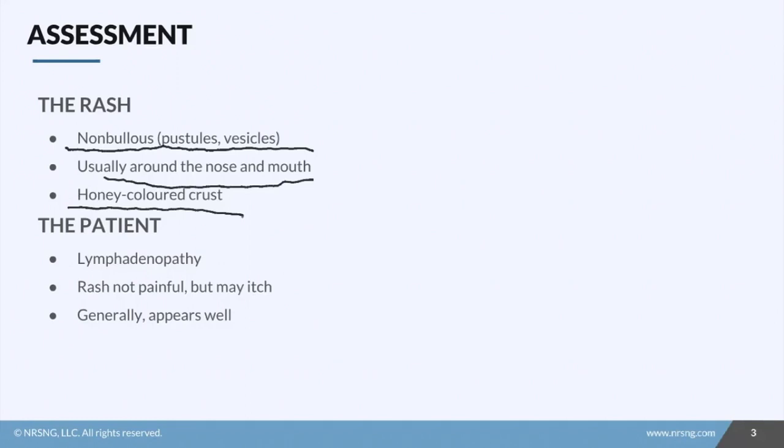And so we've talked about the rash, but what about the patient? So the patient who has impetigo is actually pretty fine. They're systemically well. There's not going to be much else to find on an assessment other than maybe some lymphadenopathy, which just means that their lymph nodes are a little bit swollen. And so just to clarify, what do I mean when I say that a child is generally well?